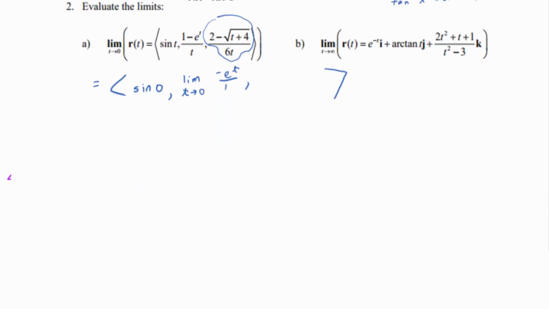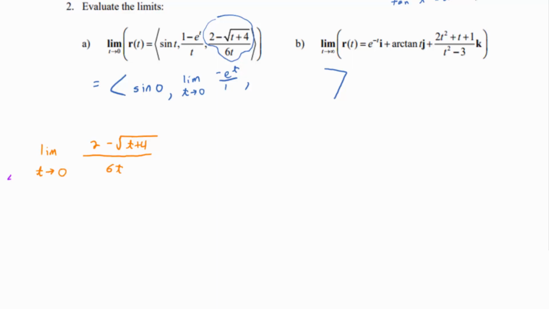I would maybe do this as separate scratch work here, because it's going to be a mess to try and keep all the vector notation together. Just to remind you of a trick from Calc 1, we could multiply the numerator and denominator of this thing by the conjugate of the numerator.